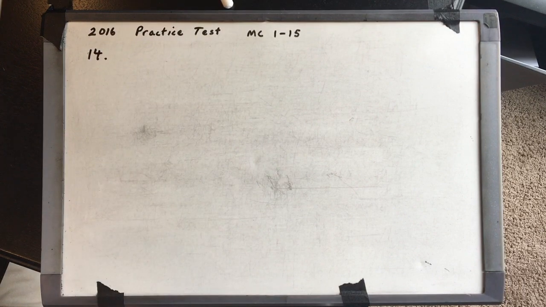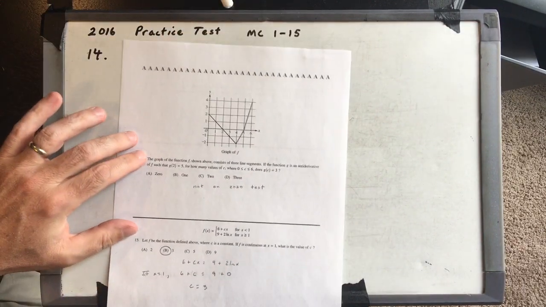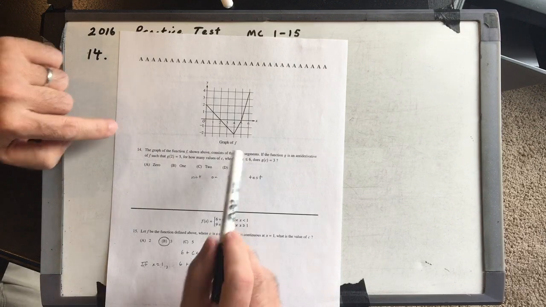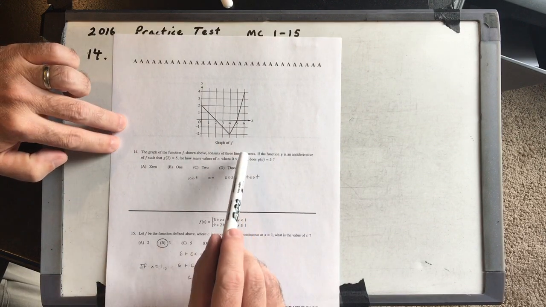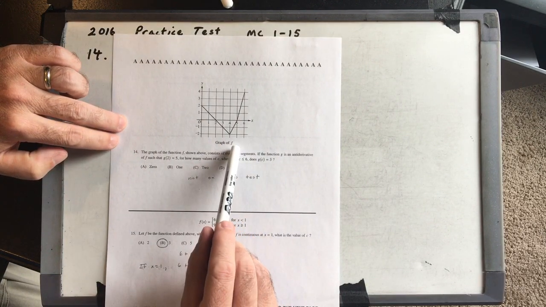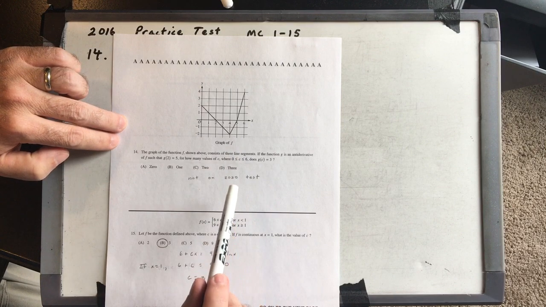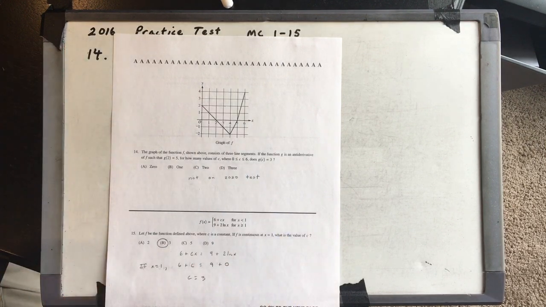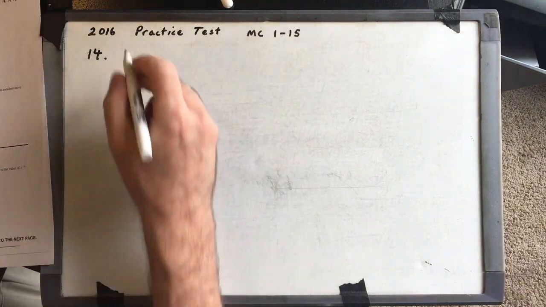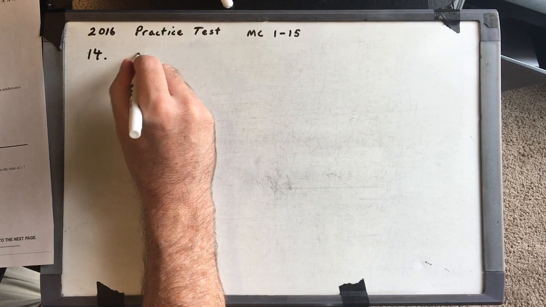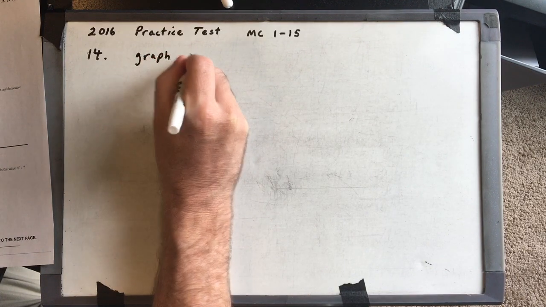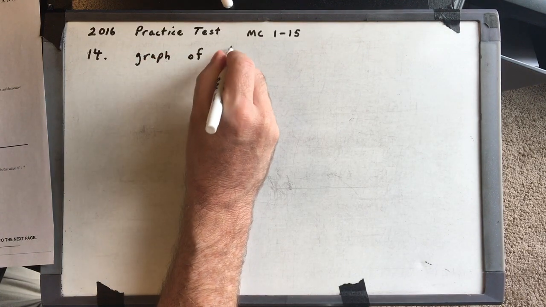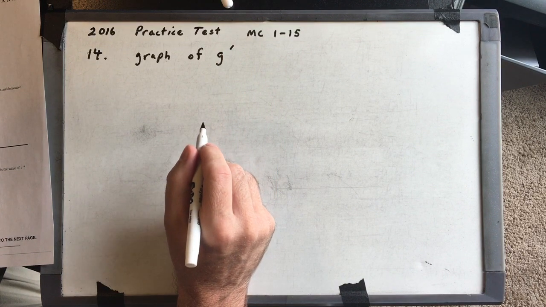So number 14, we have this graph. Let's say not only is it a graph of f, it's a graph of g prime. If it's a graph of g prime, what do we know about g?